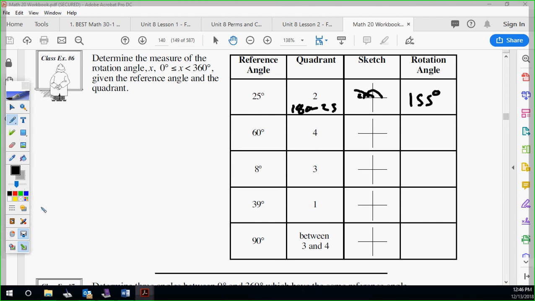Okay, so drawing them. So this is 30, 60. So you go 360 minus 60. This one's 300. 8 in the third quadrant, that's here. You'd go 180 plus 8, 188. 39 in the first quadrant, nothing to do. 39. Quadrant 1's quadrant 1. 90 between 3 and 4 because it's right here.